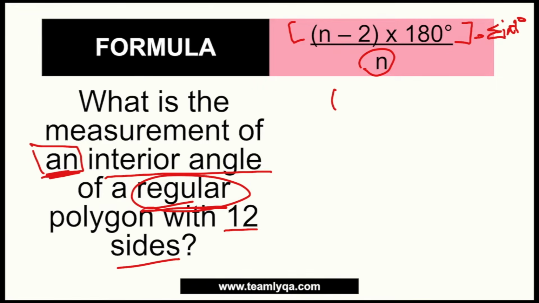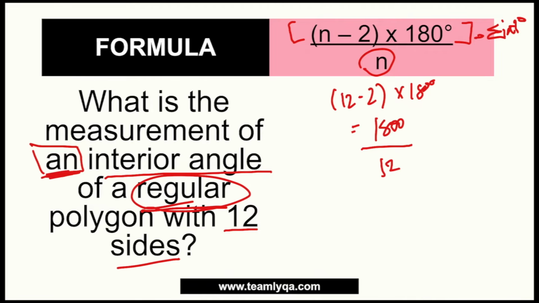Again, copying yung formula 12 minus 2 times 180 degrees, which we already solved kanina. Same lang naman, 12 sides din yung pinag-usapan kanina. Sabi natin, this is 1,800. Pero dahil ang hinahanap natin individual angle, i-divide lang natin siya uli sa 12. So, 1,800 divided by 12 to get the specific or individual na interior angle.